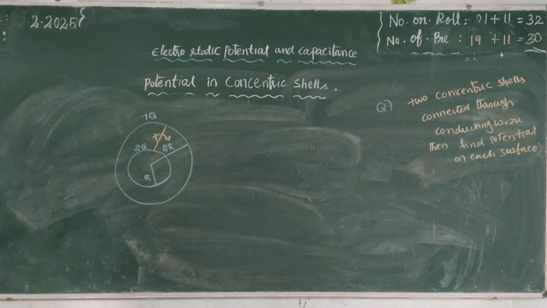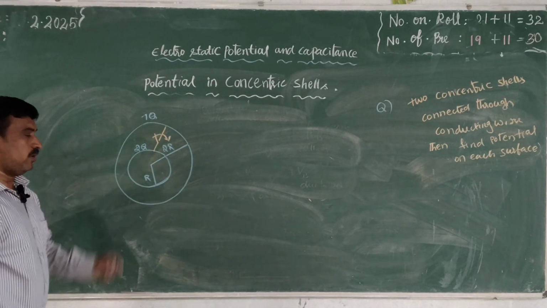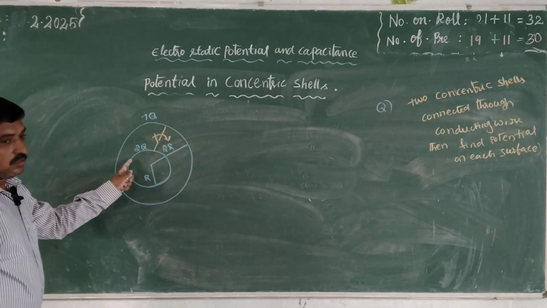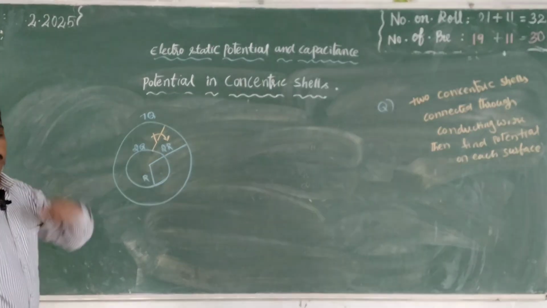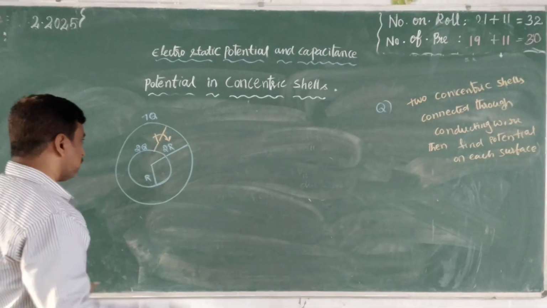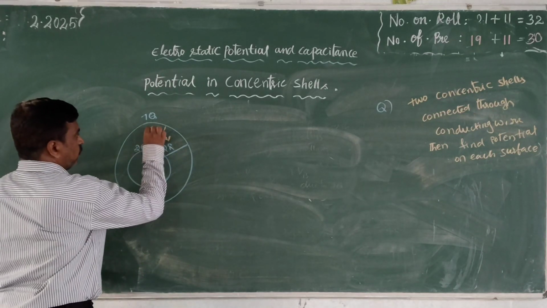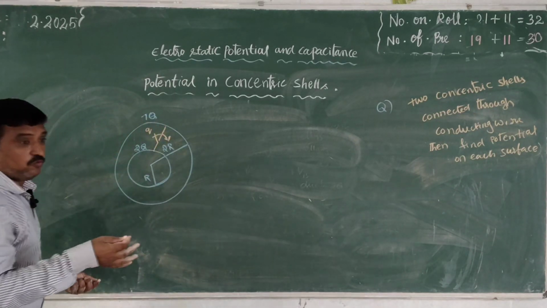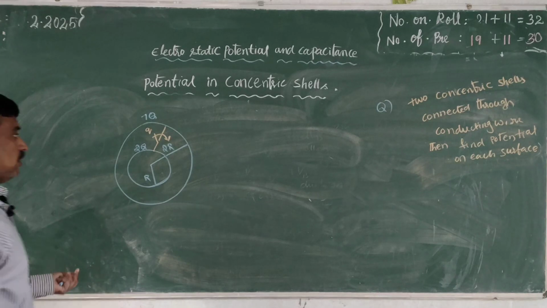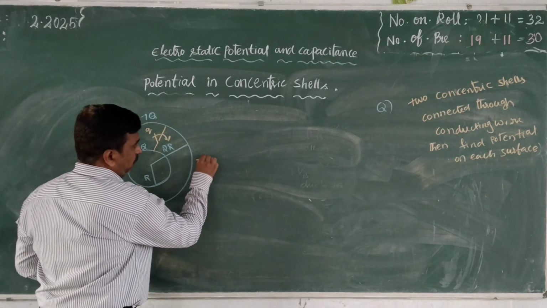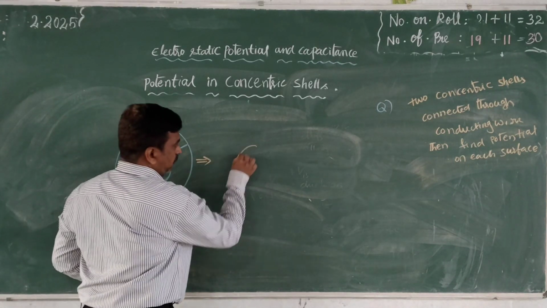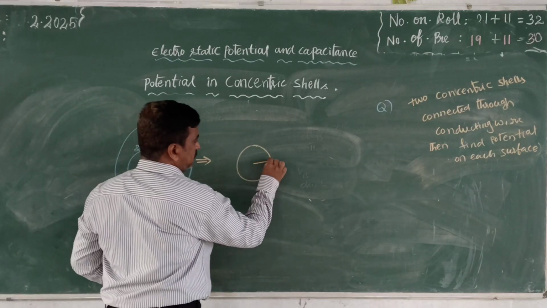See, connected means switch is there, switch on now. What happened now here? Charge is distributed, so charge is transferred. How much charge transfers here? We don't know. We consider q charge is transferred. After transferring, this is the first sphere, radius is r.